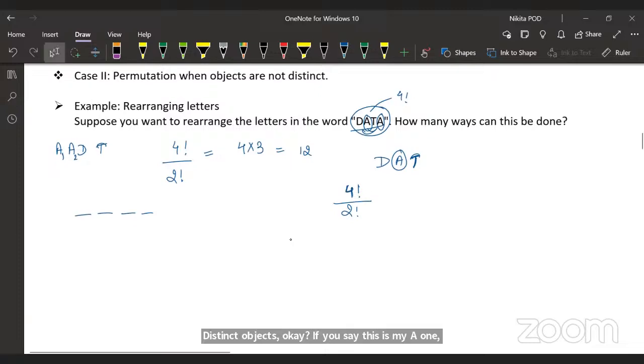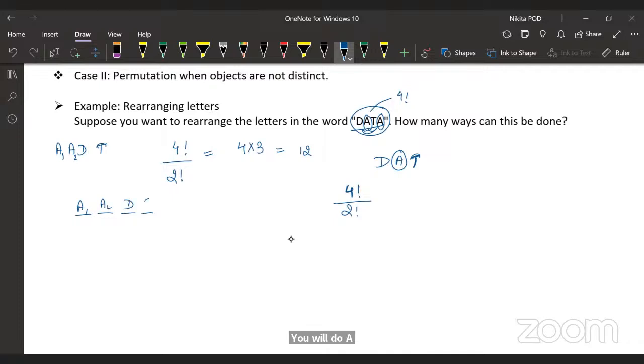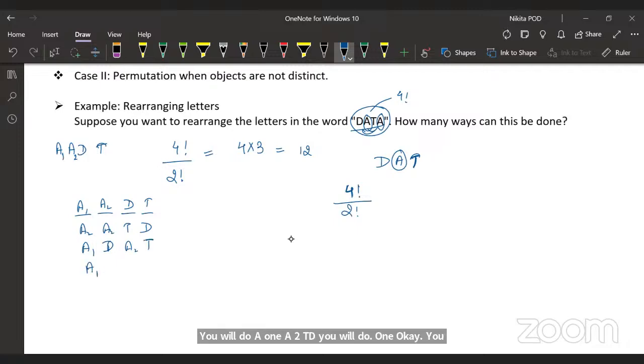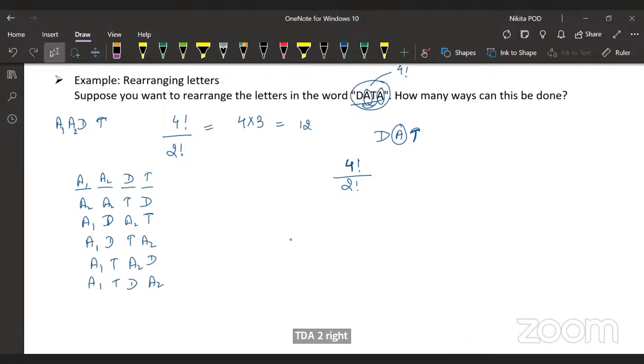When I ask you to arrange these 4 letters, you will do A1, A2, D, T; A1, A2, T, D; A1, D, A2, T; A1, D, T, A2; then A1, T, A2, D; A1, T, D, A2, right? Now, how is this different from the previous case?